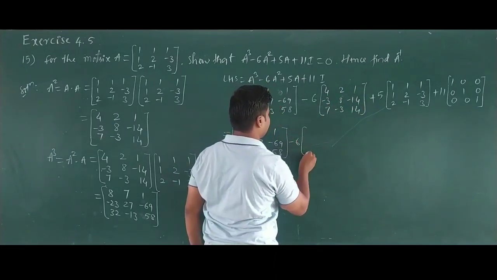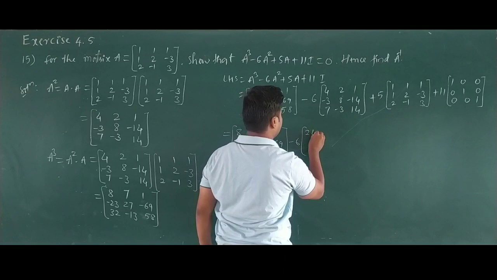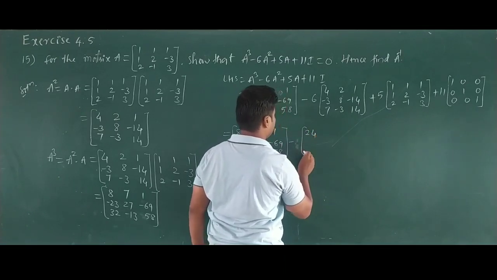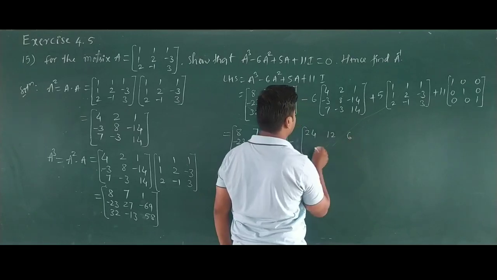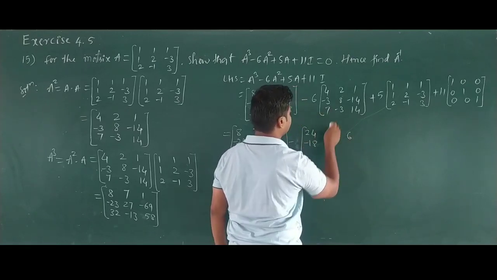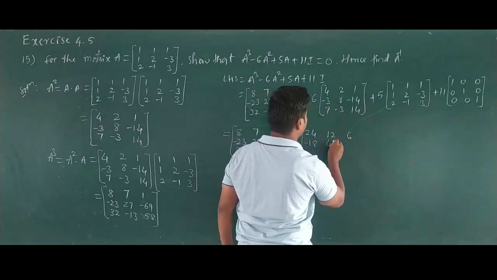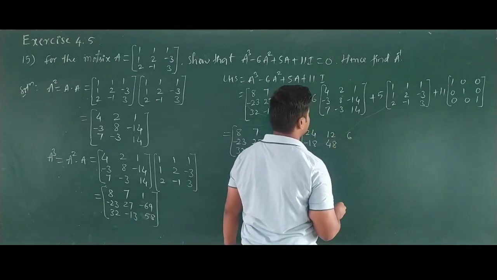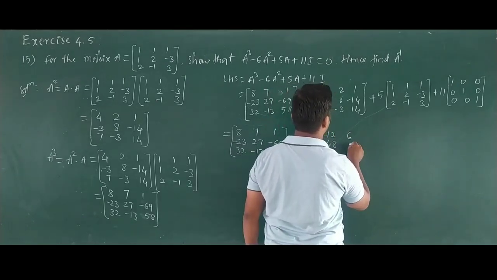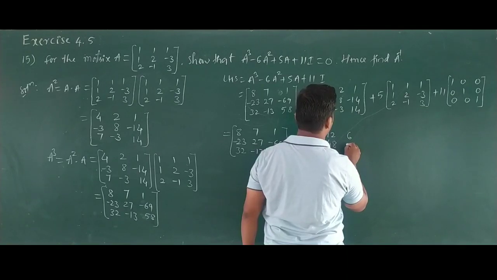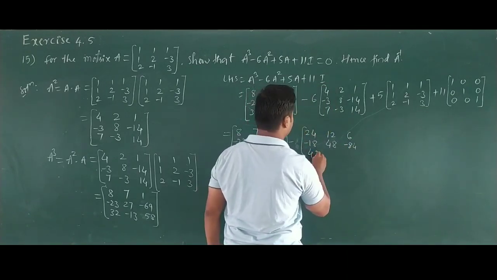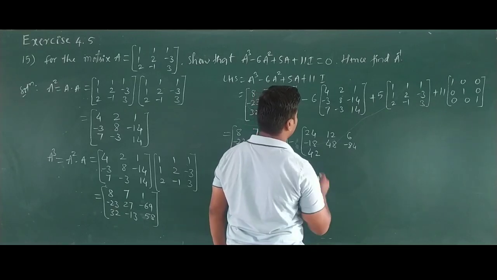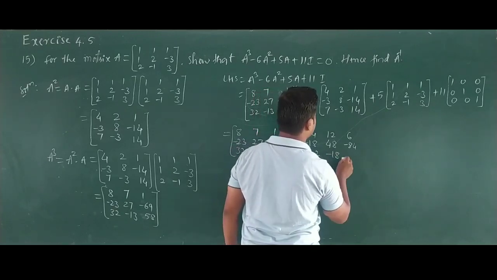Minus 6, let us multiply: 24, this is 12, 6, minus 18, 58, minus 84, 42, minus 18.